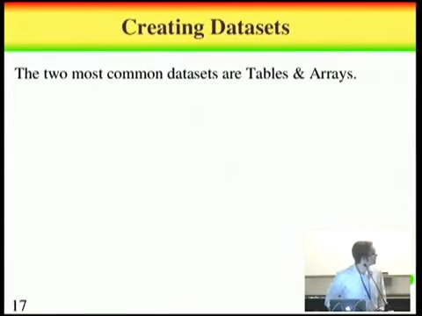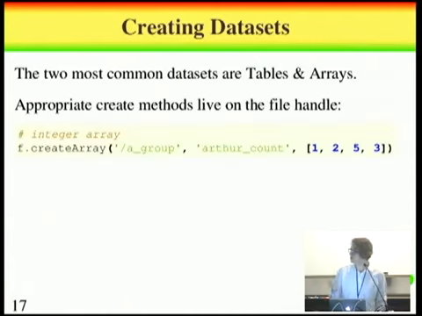As I mentioned before, the two most common data sets in HDF5 are tables and arrays, and we're going to treat those here. As mentioned, all the create methods live on the file object. So here you have a create array function. You tell it where. Here we want to create this inside the group, so you give it the path to that.